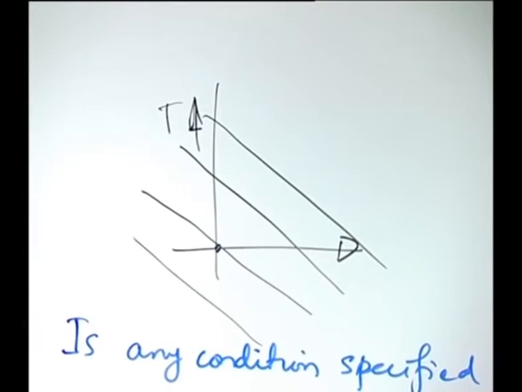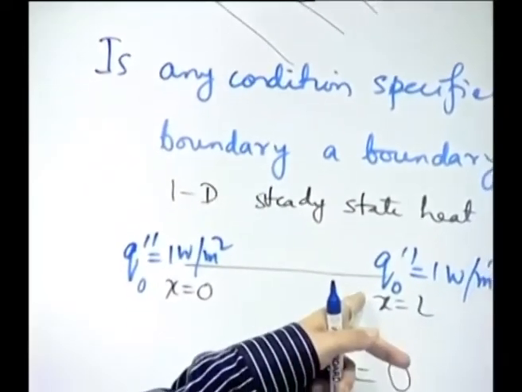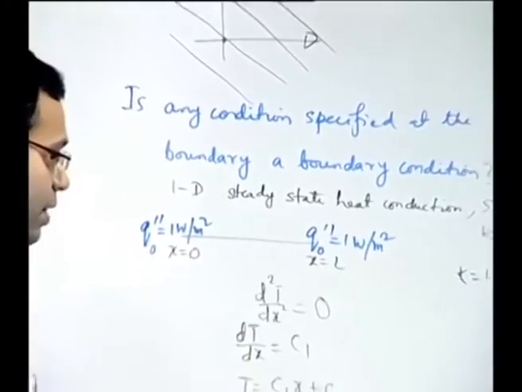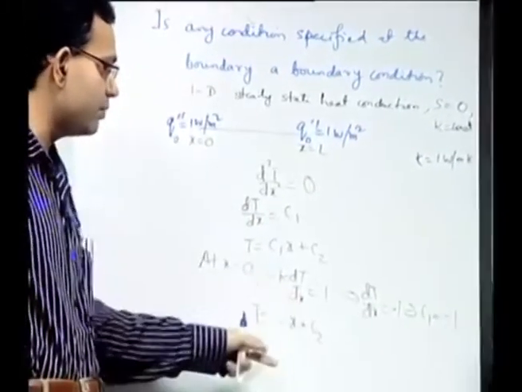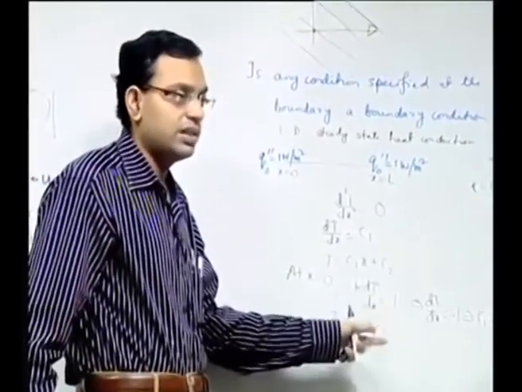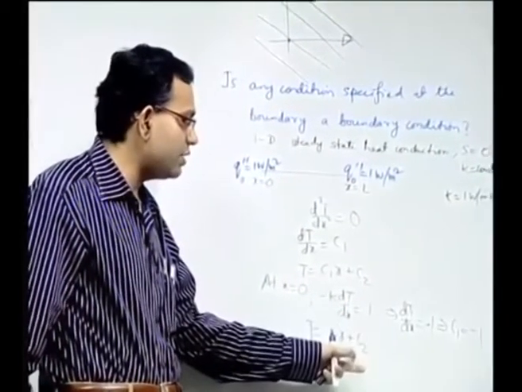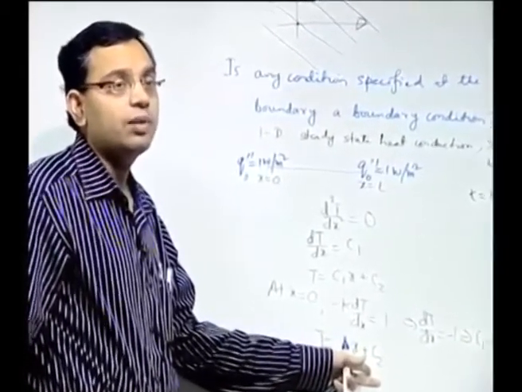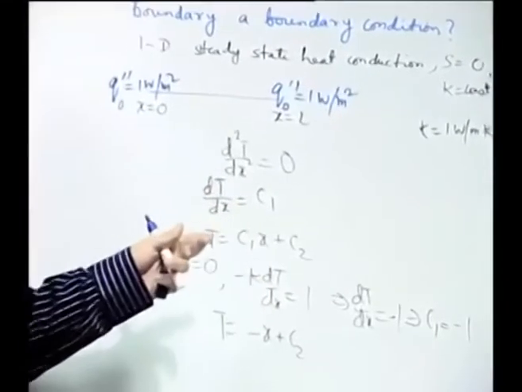The question is, when all these could be possible solutions, which one do you accept as the solution, because for a physical problem you expect a unique solution. These boundary conditions are not able to answer that question, because they are simply telling you that you get a family of solutions with an undetermined constant. This undetermined constant may be determined provided you are given the value of temperature at one of the boundaries.